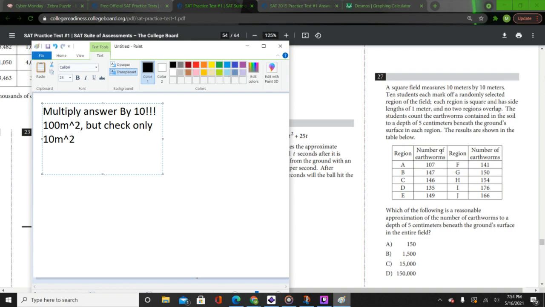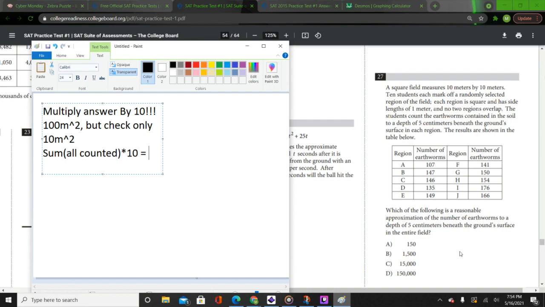And we're going to just start adding everything. 107, sum all counted, times 10. So 107 plus 147 plus, actually, you know what I'm going to do? Instead of doing that, I'm just going to round them all to 100 or 150, because the answers differ by a magnitude of 10. So I'm just going to do that for a reasonable count assumption.